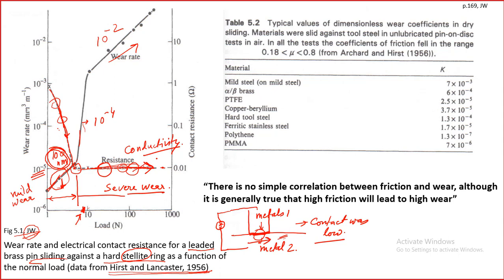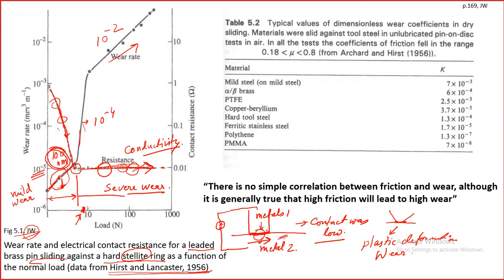That means there is a good metal to metal contact. So this just indicates that these two metals are in contact very intimately, therefore electricity is passing through. And this also indicates that plastic deformation is taking place, and wear is also taking place.